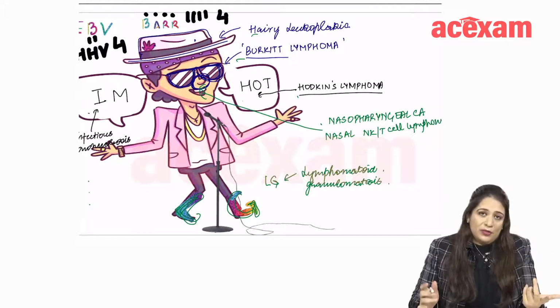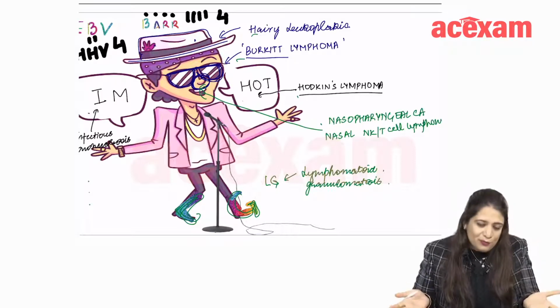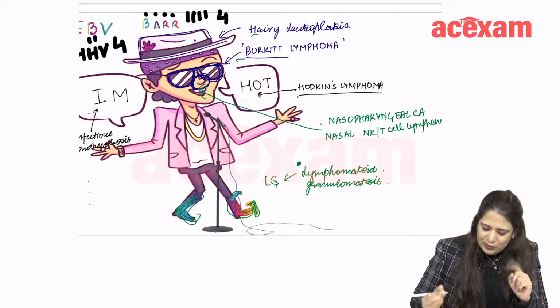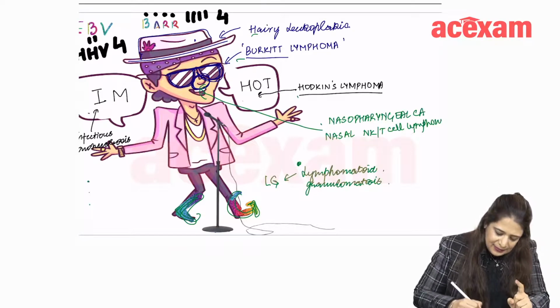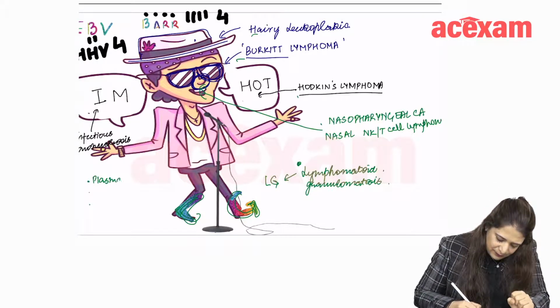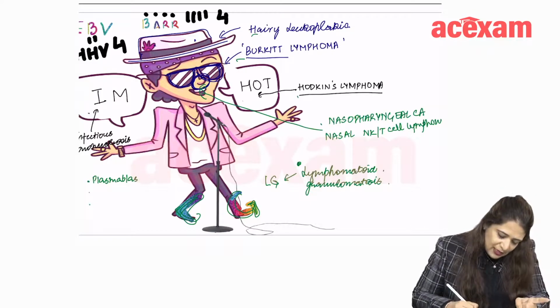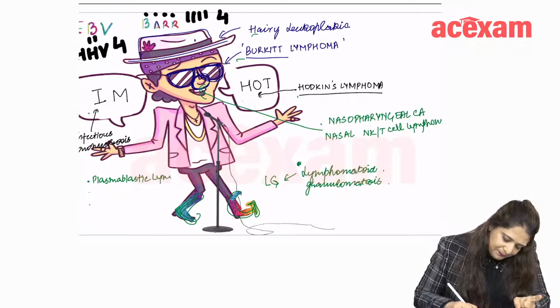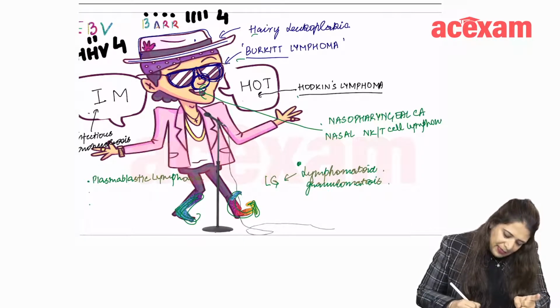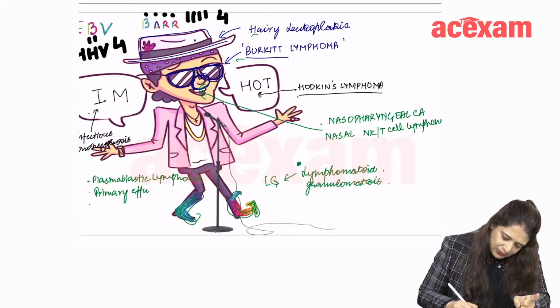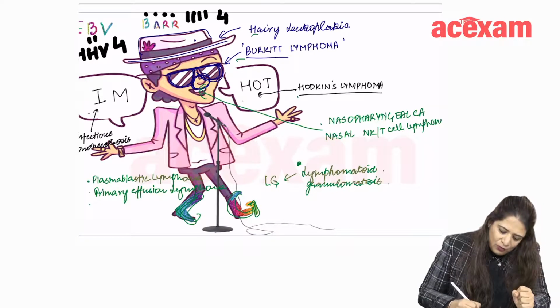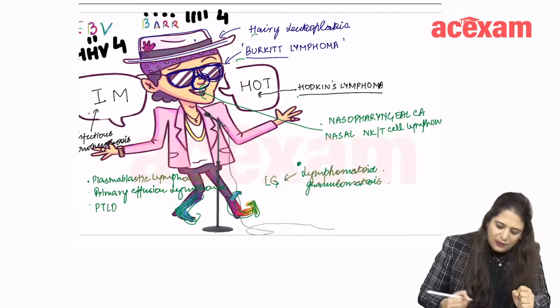But then these are certain bonus questions. So people who are hungry for more information should also remember lymphomatoid granulomatosis, and besides this, plasmablastic lymphoma, which is generally encountered in HIV infected individuals, primary effusion lymphomas, which are also associated with HHV8, and also post-transplant lymphoproliferative disorders.